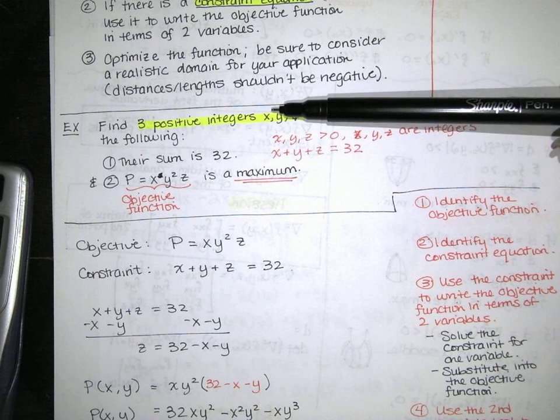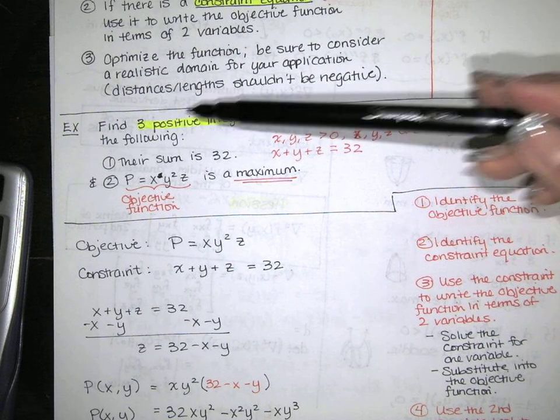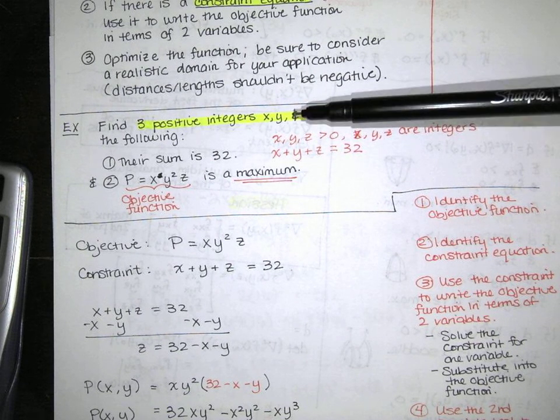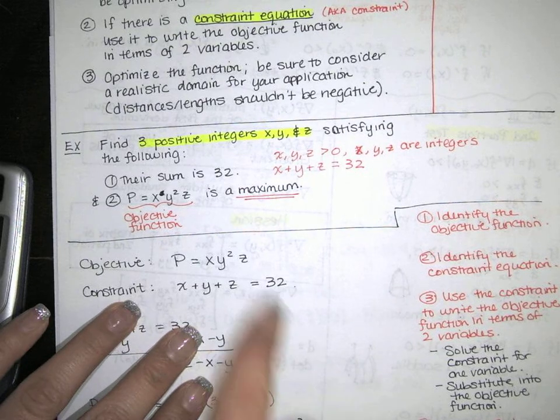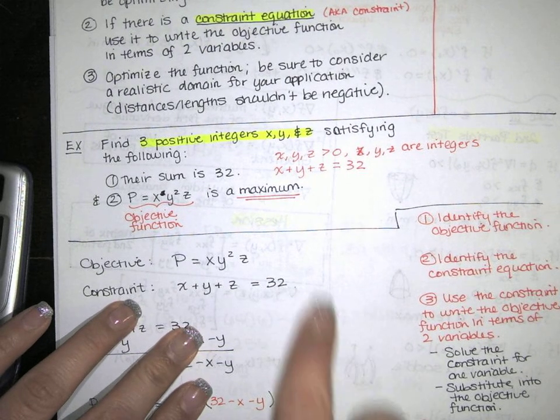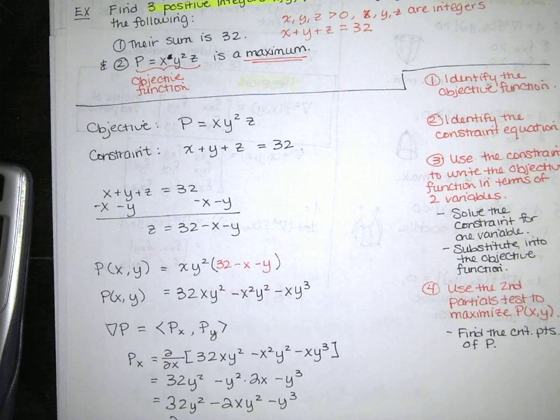We need to state the integers, x, y, and z, such that all of this is true, and make sure that the z value that goes with the x and y we found is also positive, so everything is satisfied. So let's find the z that goes with the x and y. We know x plus y plus z has to be 32, so we can use that to find z.